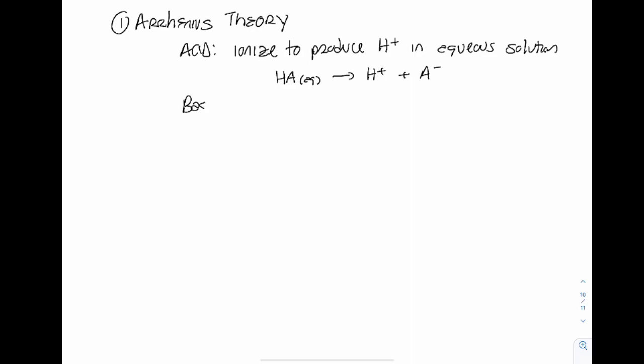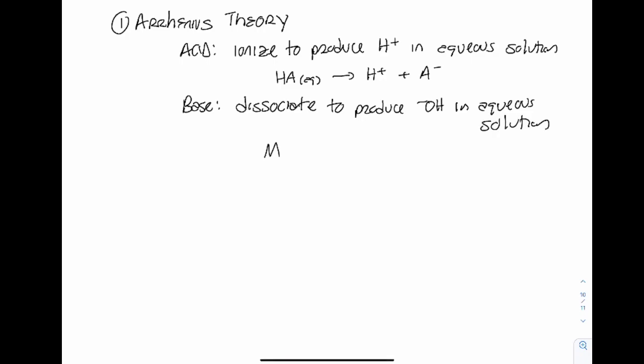Our base, I just said the definition of this one, it's going to dissociate to produce hydroxide ions in aqueous solution. So MOH, M for some sort of metal cation, hydroxide, going to M+ and OH-.